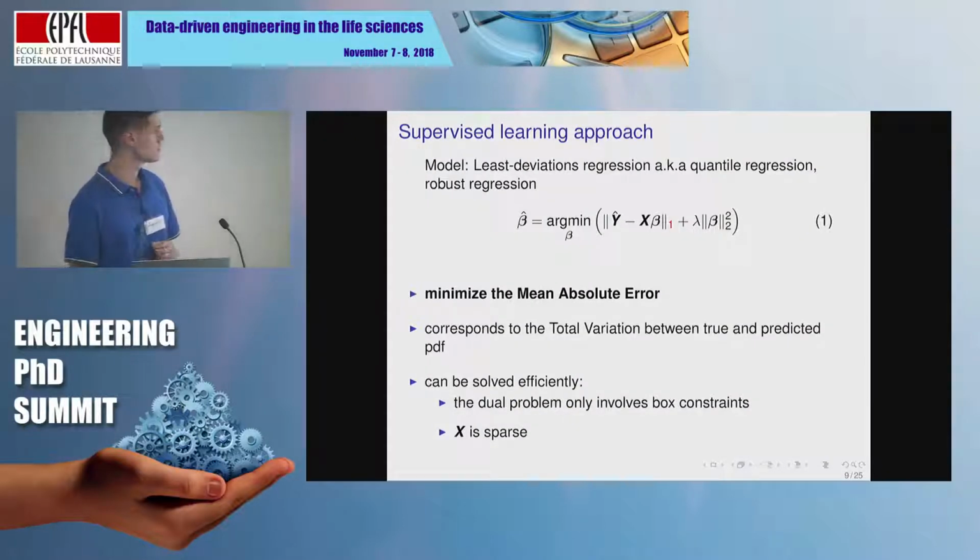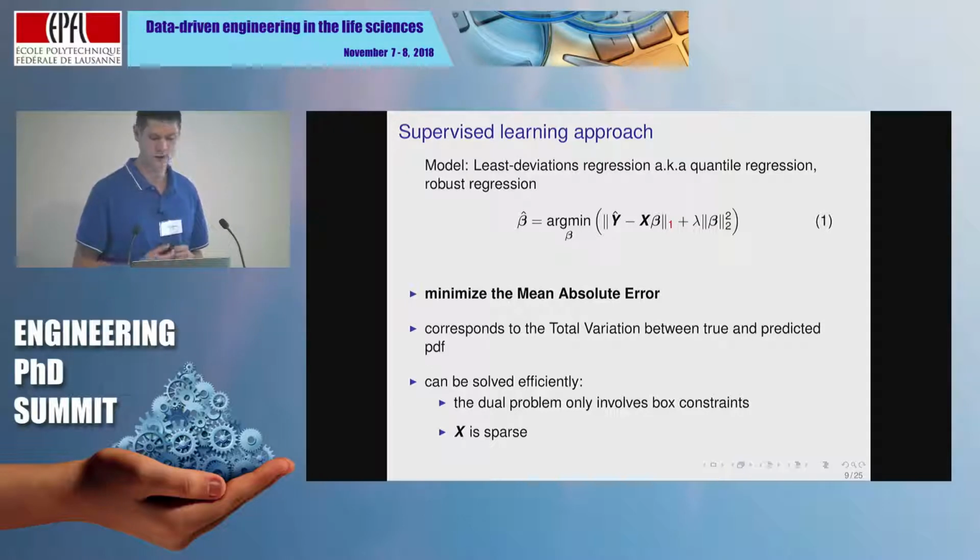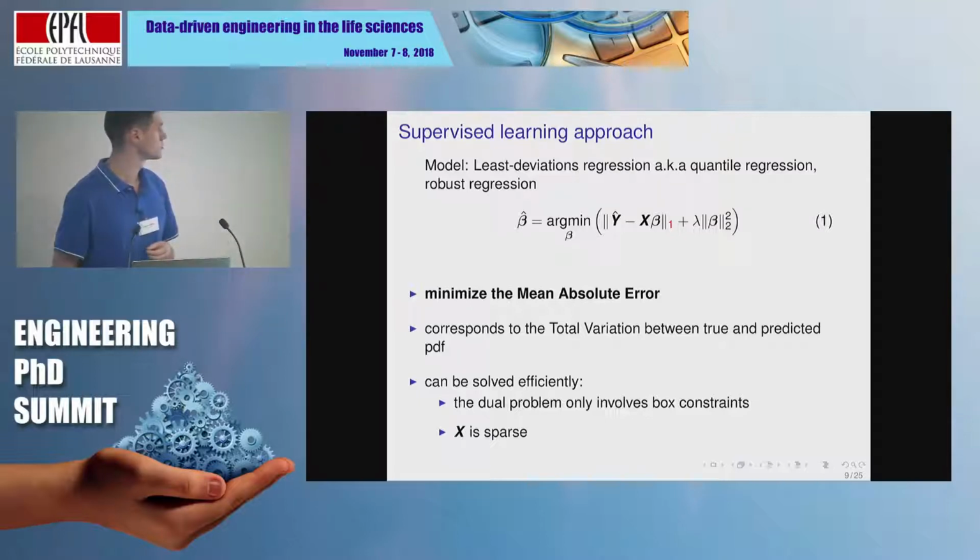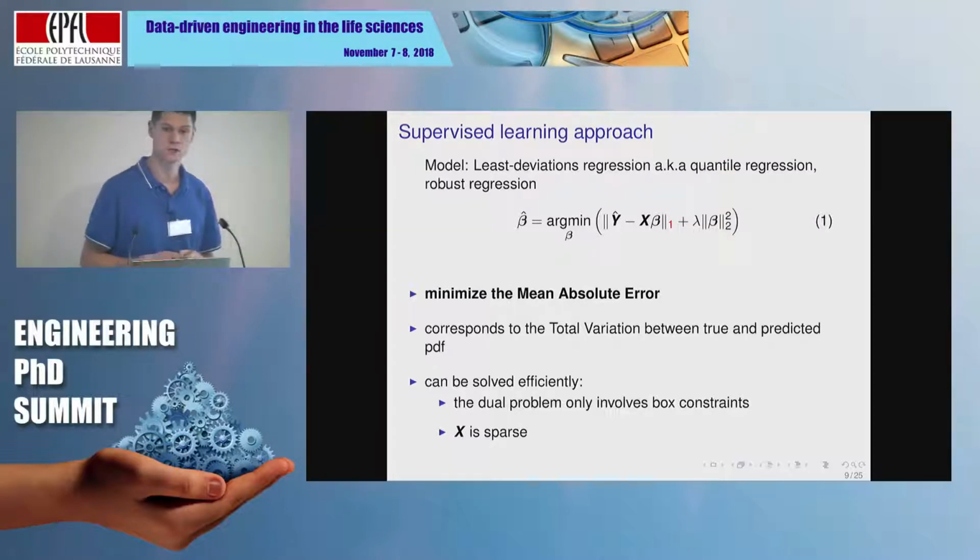And then, as I said, we fit linear regression to predict the activity of brain voxels given some vectorized representation of the text. Since what we are predicting is the probability density function of the activations that get reported, it makes sense to minimize the total variation between what we predict and the actual density.